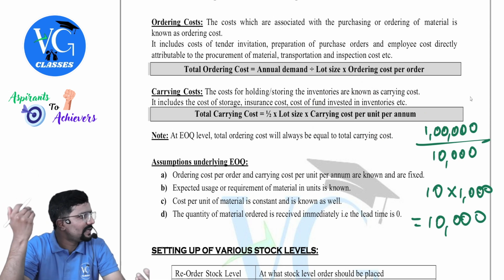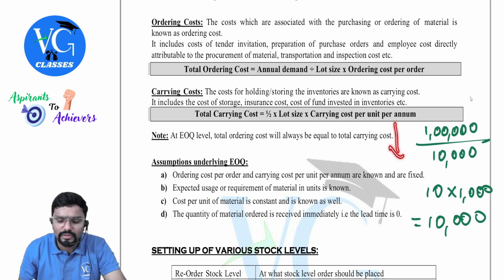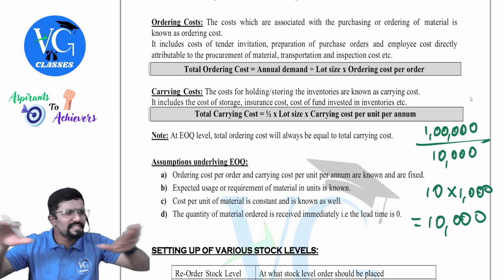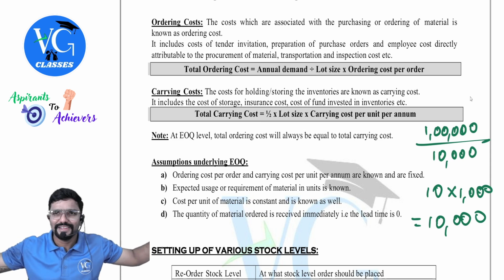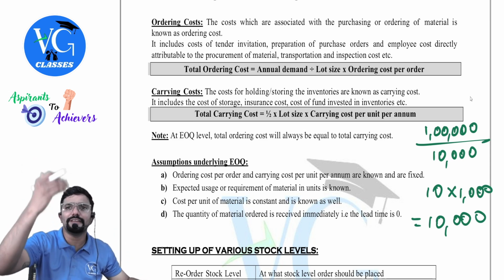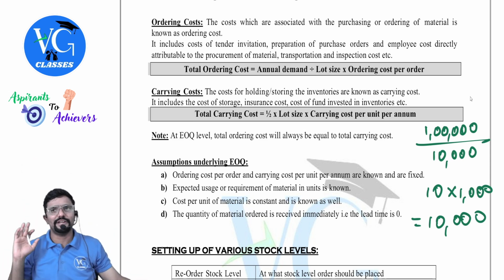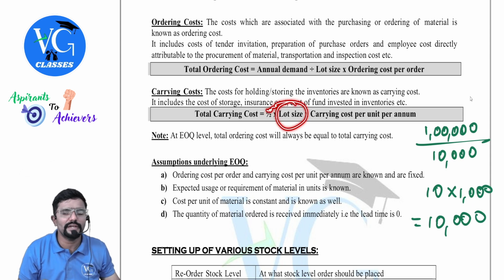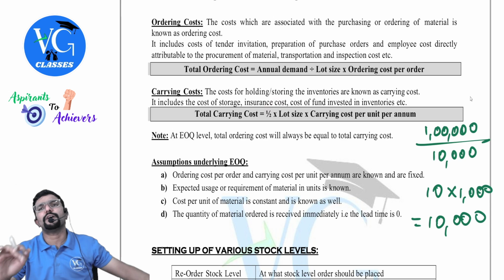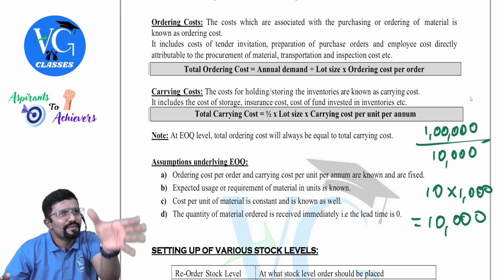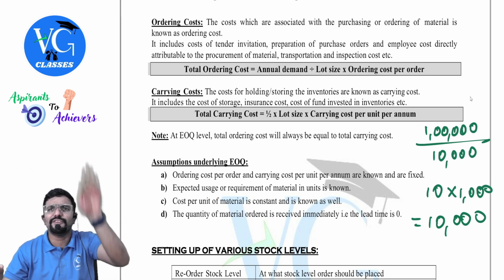So as and when I use, it will keep on going down. Again, I will place the order, receive it, keep on using, going down. Clear? So as my EOQ or lot size is 10,000 kgs, as it will not be there throughout the year, they're just taking half of it on an average. We cannot tell exactly how much will be there, because as and when we use it, it will keep on fluctuating.